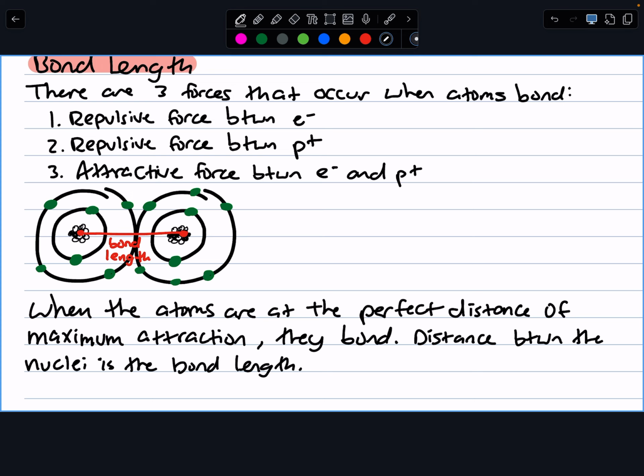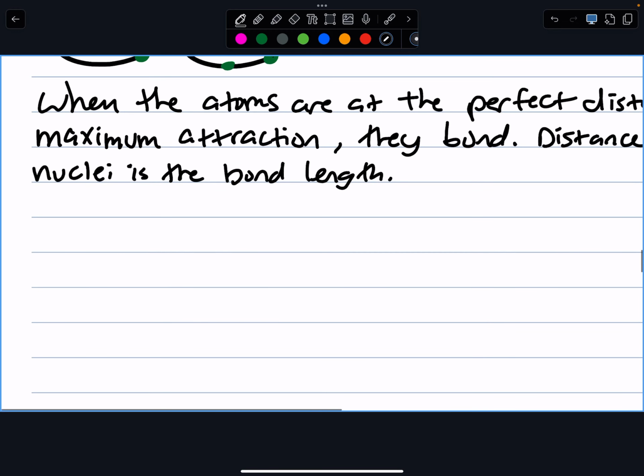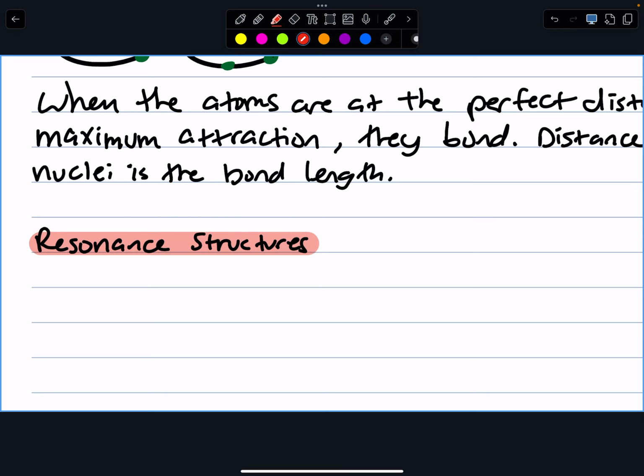Next topic, resonance structures. With resonance structures, that's just a fancy way of saying you have more than one Lewis dot structure that's correct.